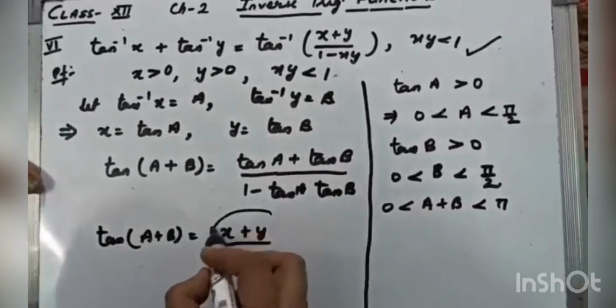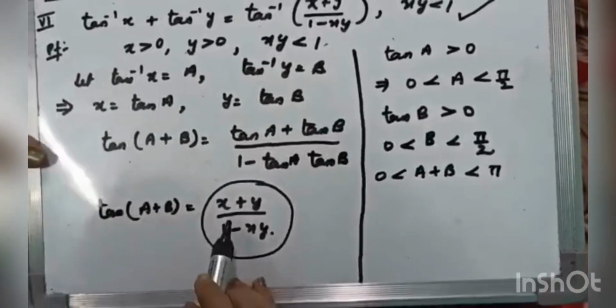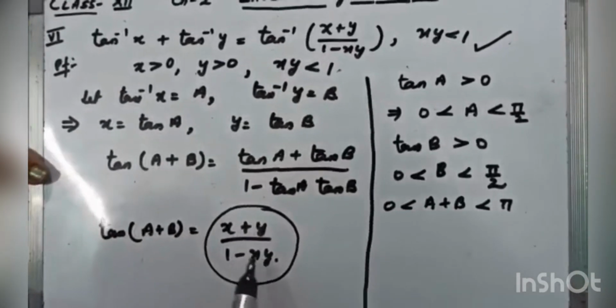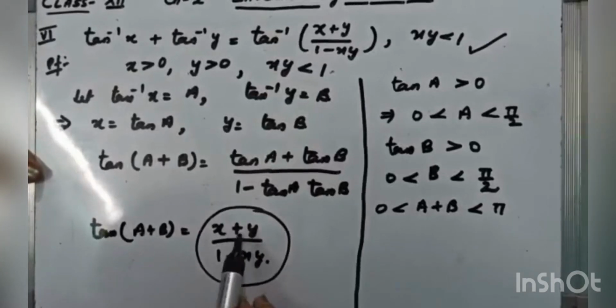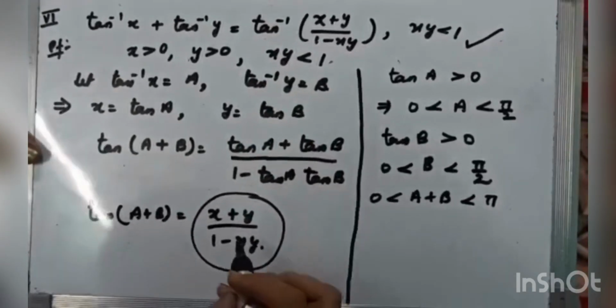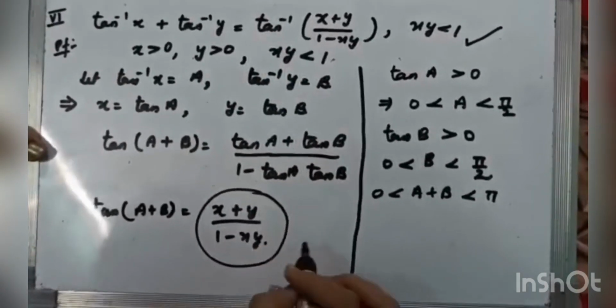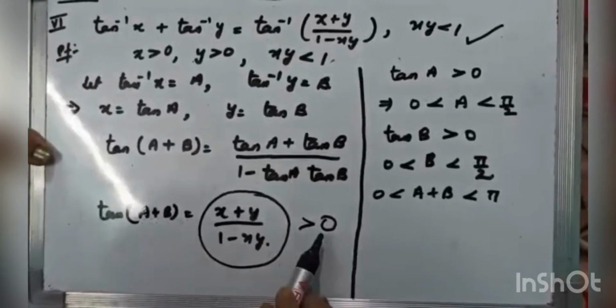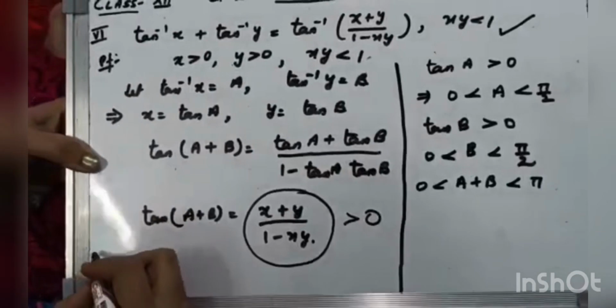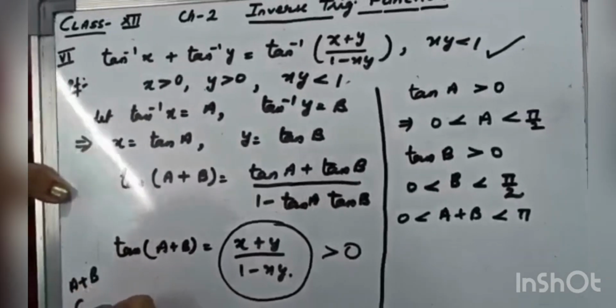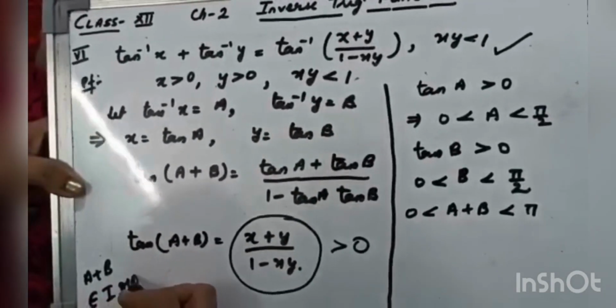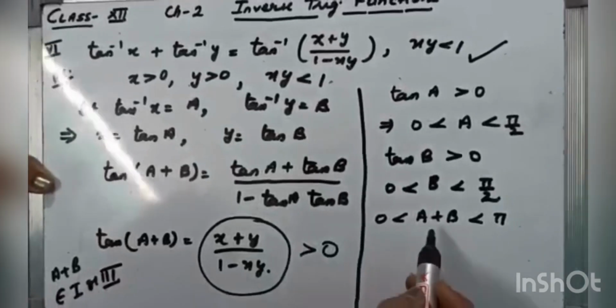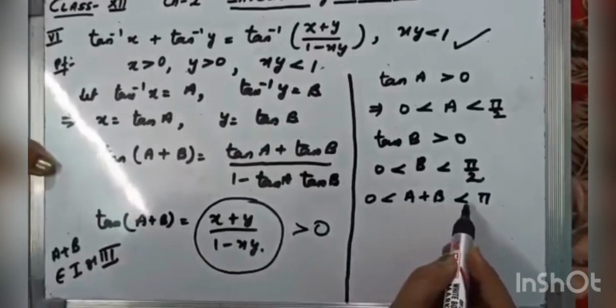But if we consider this value x plus y over 1 minus xy, as x and y both are positive, xy is also positive. So this x plus y over 1 minus xy is always positive. So tan of a plus b positive means a plus b belongs to the first or third quadrant. But here we get a plus b in the first and second quadrant.